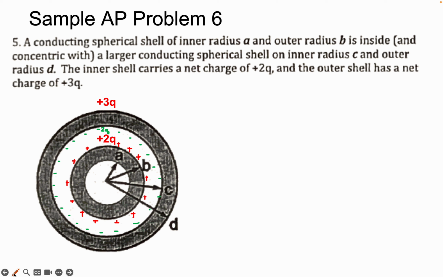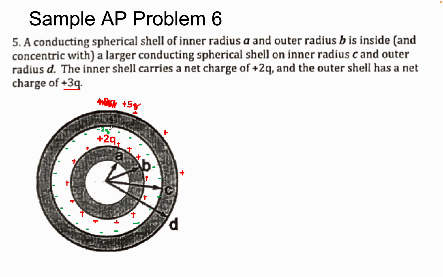We know that the net charge on this whole thing had to be positive 3Q. Well, now we've got negative 2Q here. What does that do? It means the charge now on the outside of this, and I'm not going to draw them all, must actually be, and see if this makes sense to you, on the outside positive 5Q. You're like, whoa, I thought you said the net charge was positive 3Q.